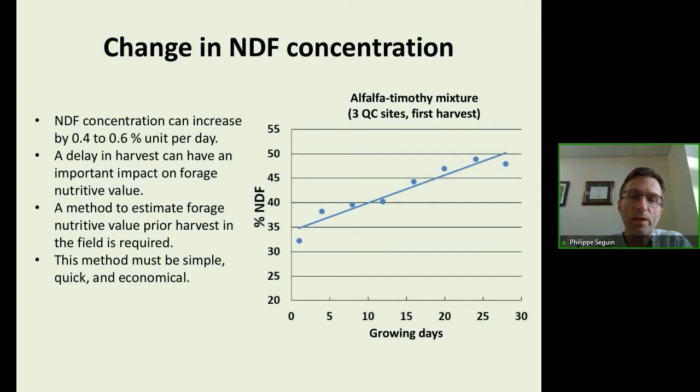On the x-axis, we have the growing days from 0 to 30 days of growth, and on the y-axis, we have the percent NDF. What we can see here is the progression of the percent NDF in the forage. And essentially what this data shows is that the NDF concentration can increase by 0.5% unit per day. So this means that a delay in harvest can have an important impact on forage nutritive value.